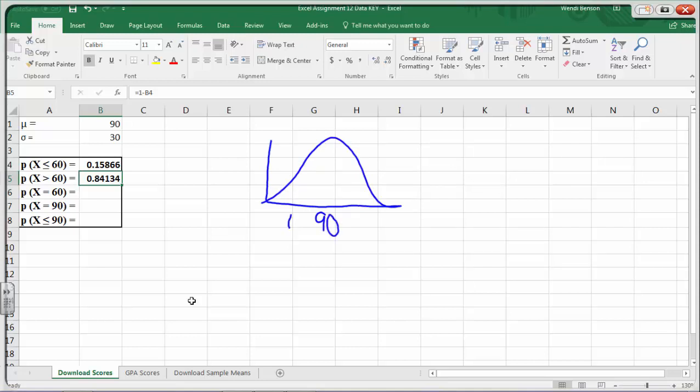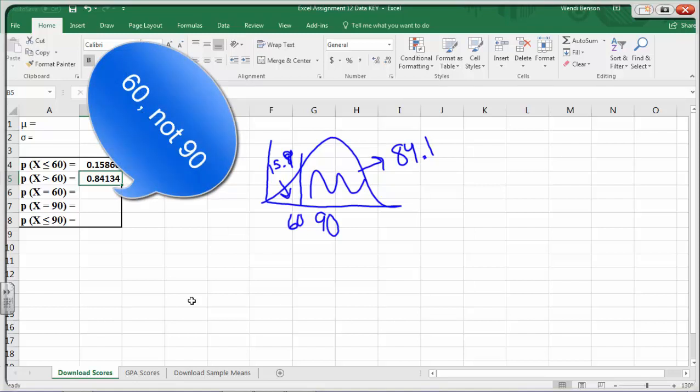We're looking at 60, right? So roughly, there is about a 15.8% chance, really 15.9 if we round correctly, percent chance it'll be 60 or less, and that leaves roughly an 84.1% chance of it being greater than 60.